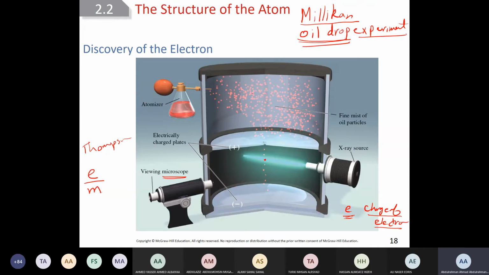What can you calculate? The mass. E divided by E over M will give you the mass of the electron. So these two scientists were able to find the mass and the charge of the electron. Is this clear? Yes.